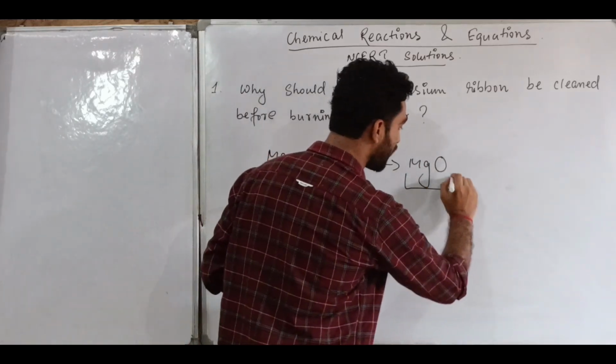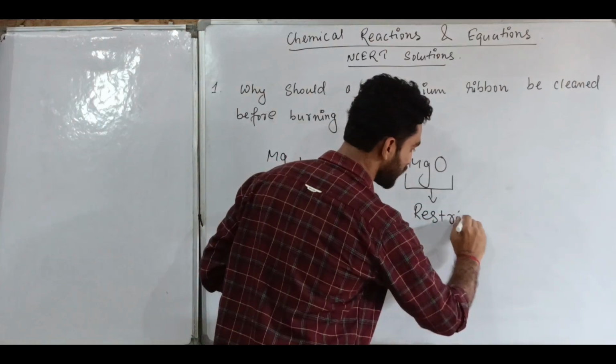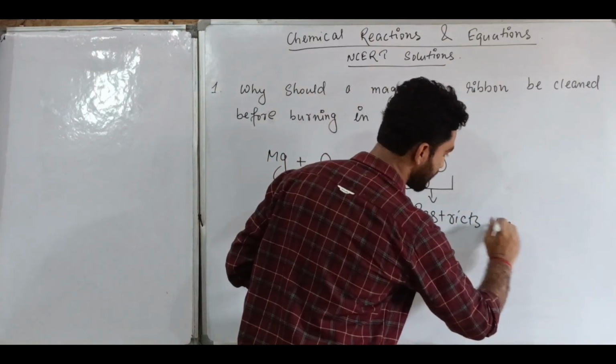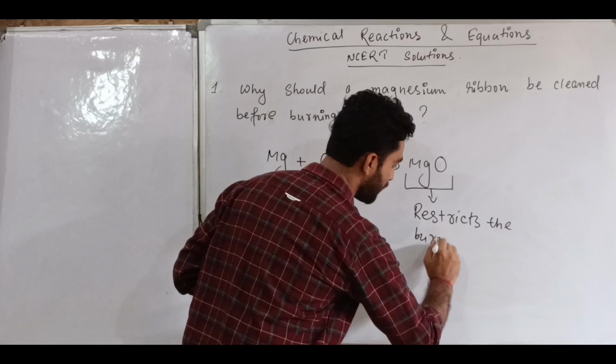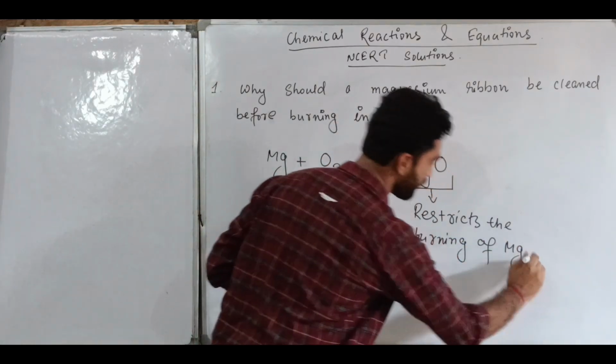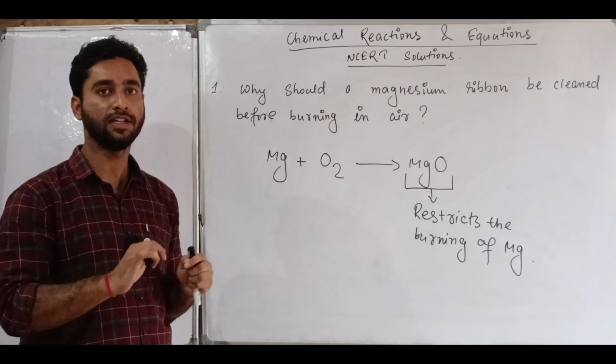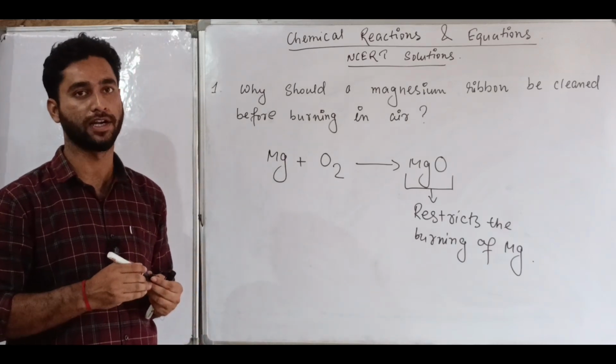And this layer of magnesium oxide restricts the burning of magnesium ribbon. So to prevent this restriction, we have to clean this magnesium ribbon before burning.